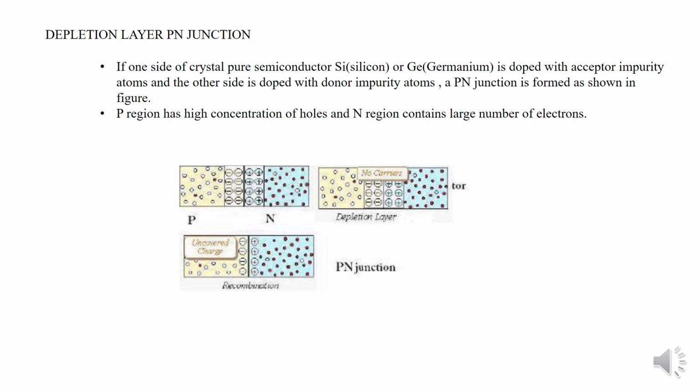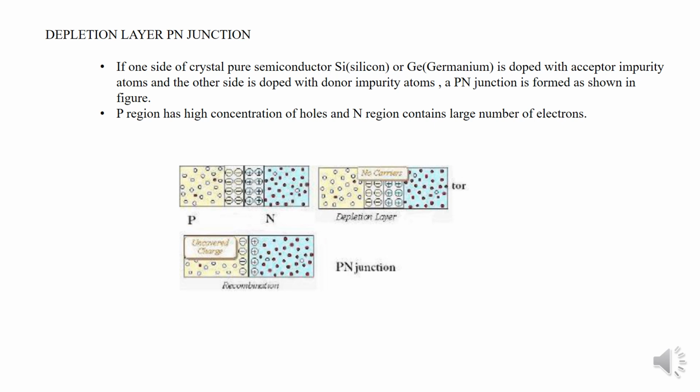Electrons crossing from the N-type to the P-type recombine with holes in the P region very close to the junction. Similarly, holes crossing from the P region to the N region recombine with electrons in the N region very close to the junction. This forms a region that does not have any mobile charge, and it is called the depletion region of the PN junction diode.